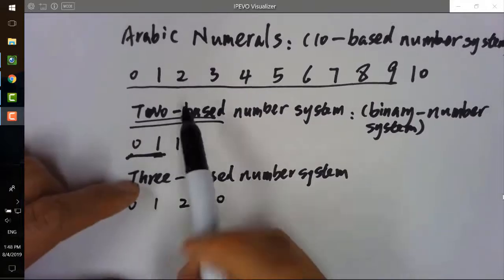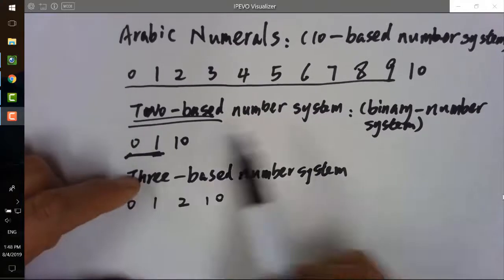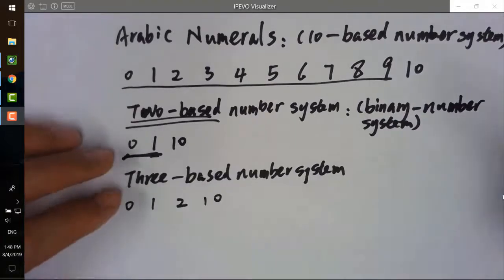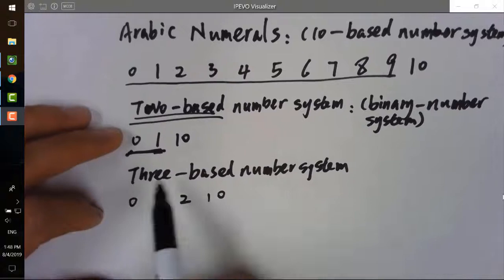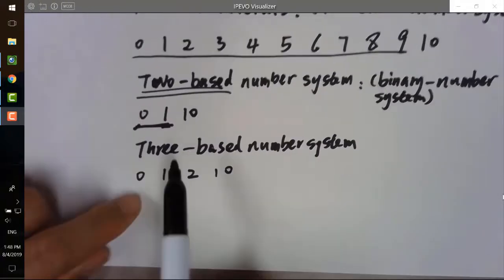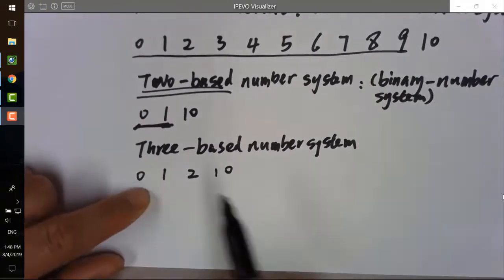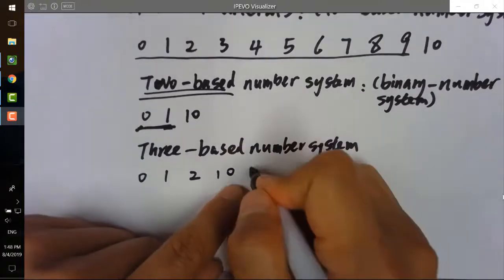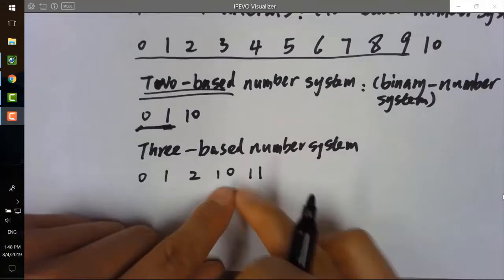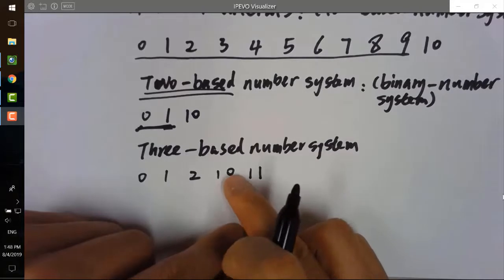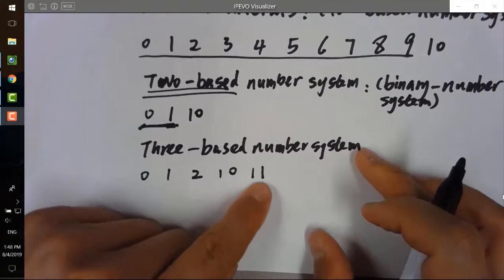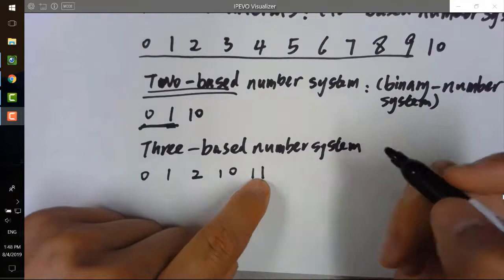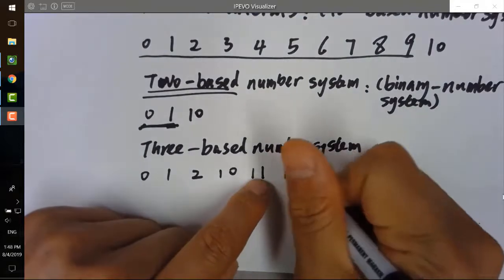For example, computers use a 2-based number system, which is also called the binary number system. That's the only number system a computer can understand. You can also have a 3-based number system, where it's 0, 1, 2, and then 3 is 1, 0. If you want a 4 here, it's going to be 1, 1, because you're adding a 1 to this digit. So 0, 1, 2, 3, 4, and 5 will be 1, 2.